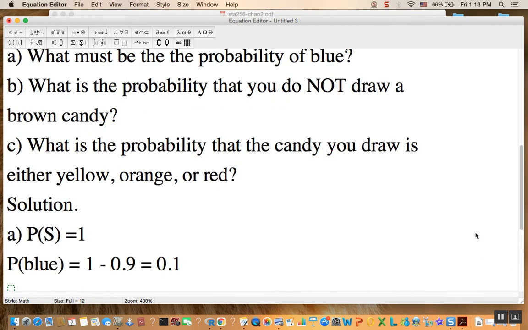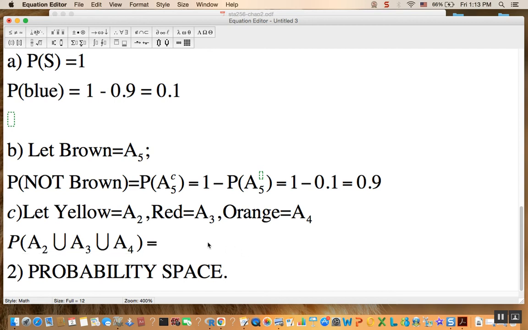So before we write that down, let me write it in terms of our events and using our fancy notation.